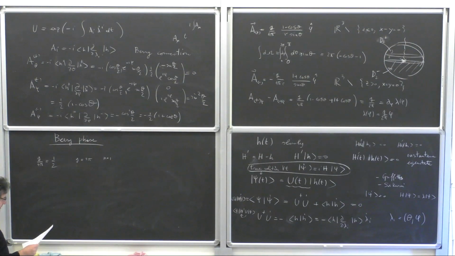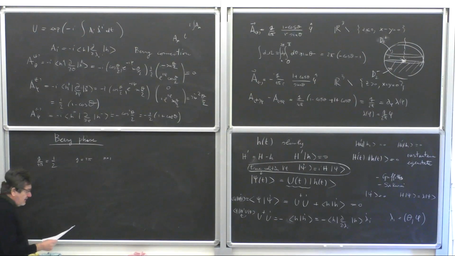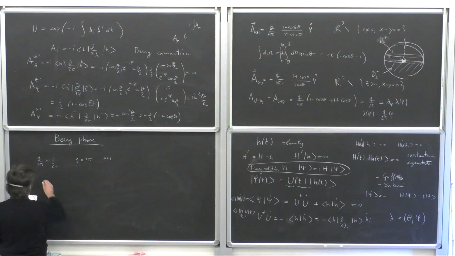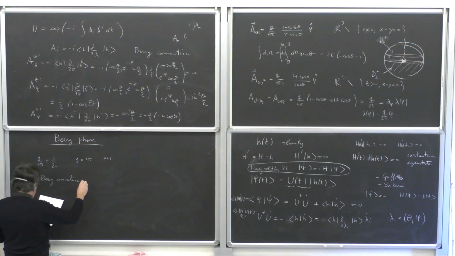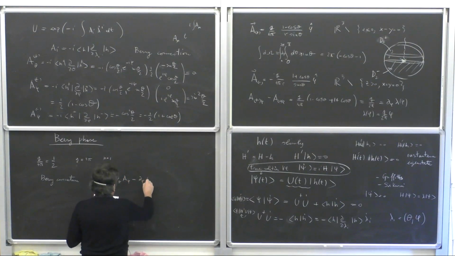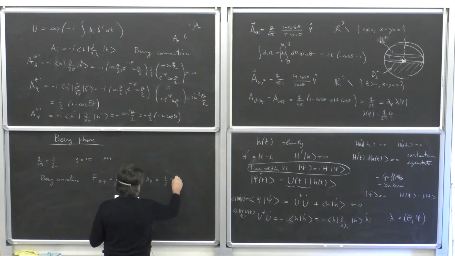Okay, and I can also define the Berry curvature. The Berry curvature f theta phi is d theta A phi minus d phi A theta, and this is 1/2 sine theta.